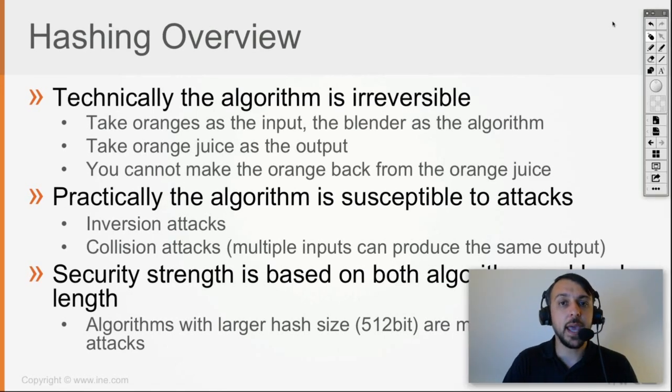Because the larger the resulting hash value, the better it matches the actual size of the input. So ideally there's going to be close to no collision if the input is, let's say, 500 bytes.